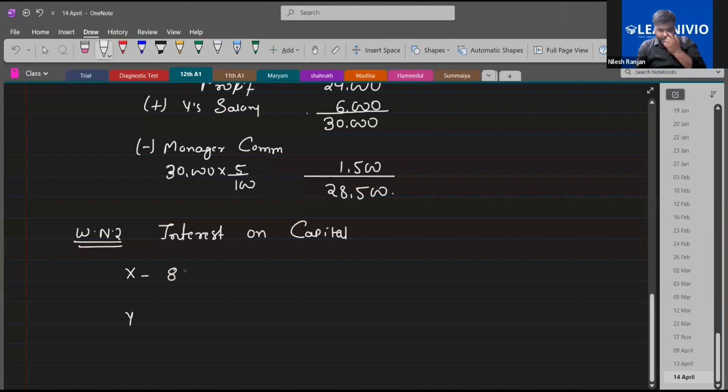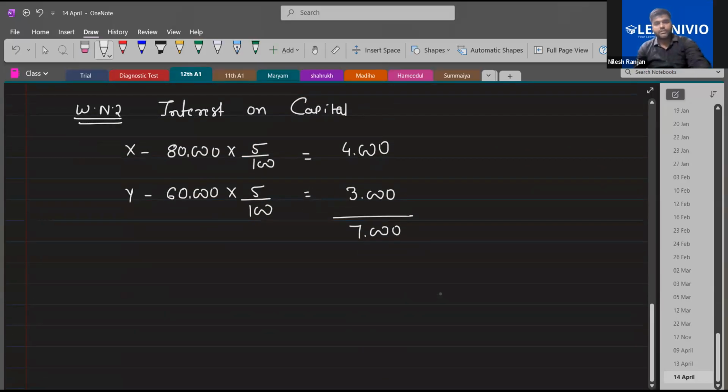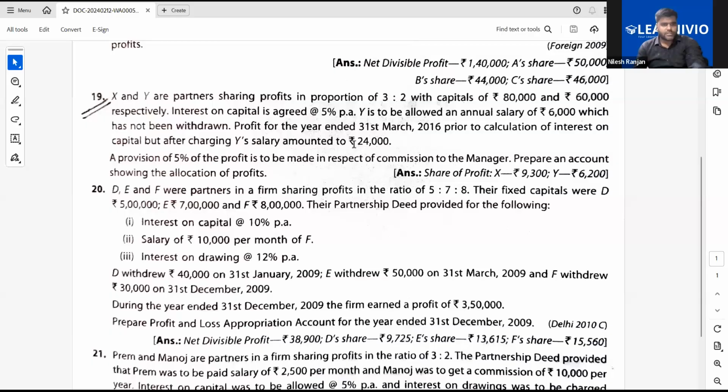X capital is 80,000 into 5%, Y capital is 60,000 into 5%. So it will be 4,000 and 3,000. Total is 7,000. Salary is already given, so we don't have to calculate it. After this, there is no other calculation.